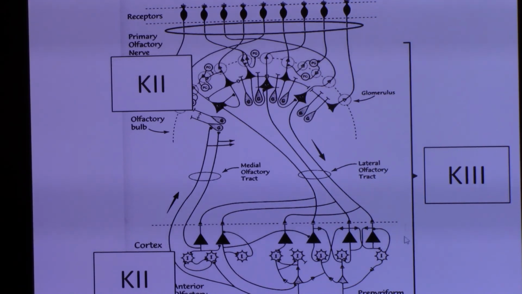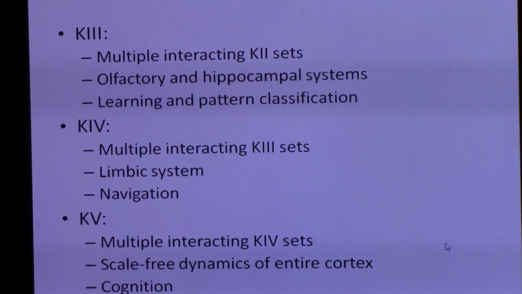So this K3 set of the olfactory system is a collection of multiple interacting K2 sets. Examples are the olfactory and hippocampal systems. The claim is that at this level you can have learning and pattern classification. In theory, the K sets could be used computationally to carry out these functions, but in practice they rapidly become computationally intractable, because of solving the differential equations.